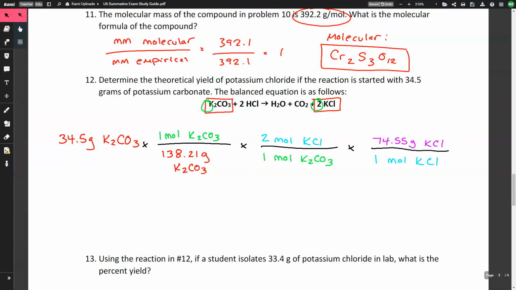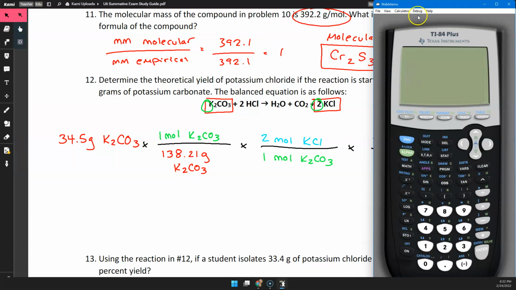Okay, I know it's been a while since I've done one of these on a calculator, but I'm going to go ahead and do this one on the calculator just because these can be kind of tricky to do. So let's start with the given. So 34.5. 138.21 is in the denominator, so we divide. Okay, we're going to multiply by 2 over 1. So we'll use parentheses.